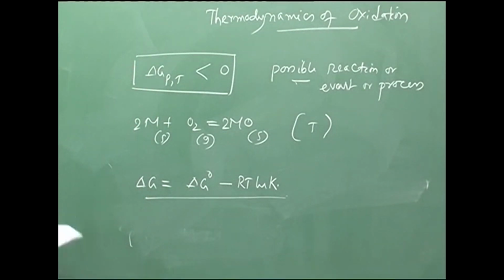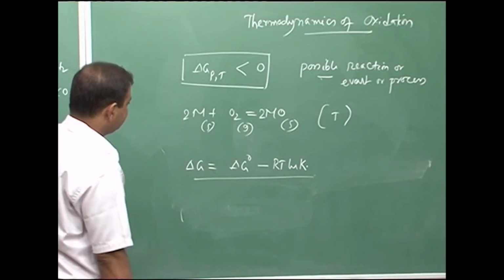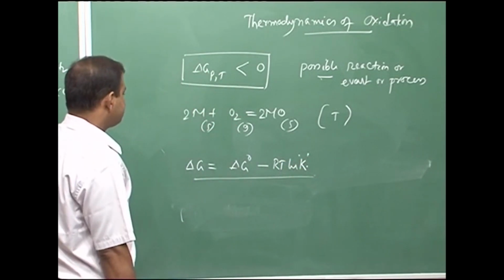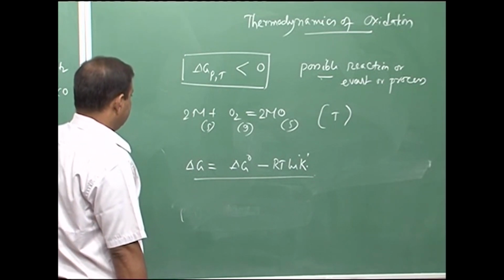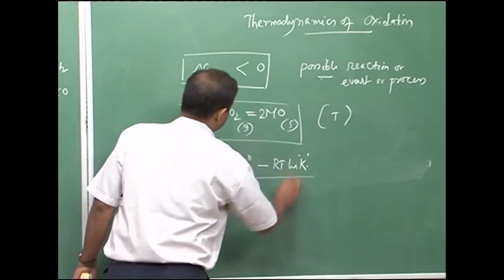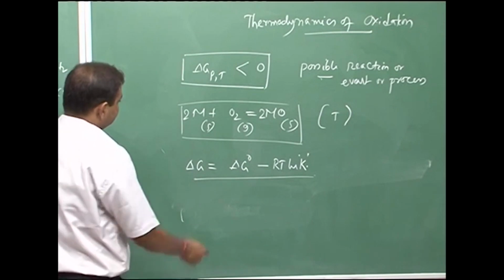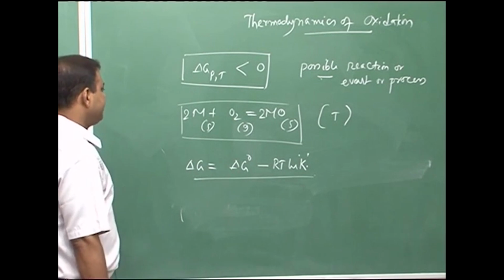This is my overall reaction isotherm, where K is the equilibrium constant in the non-standard condition. If the reaction is not at equilibrium at that temperature T, then the free energy criteria can be written this way.